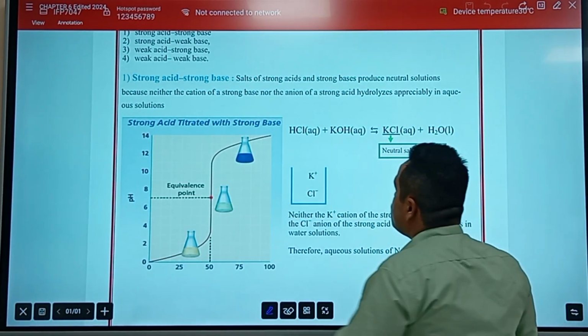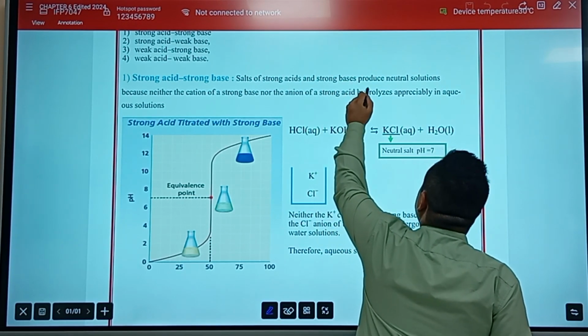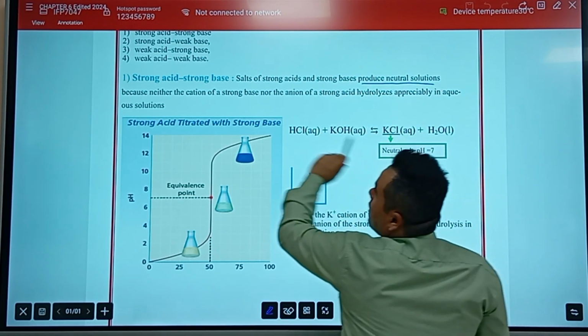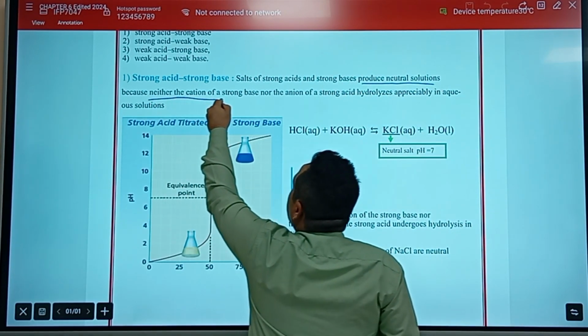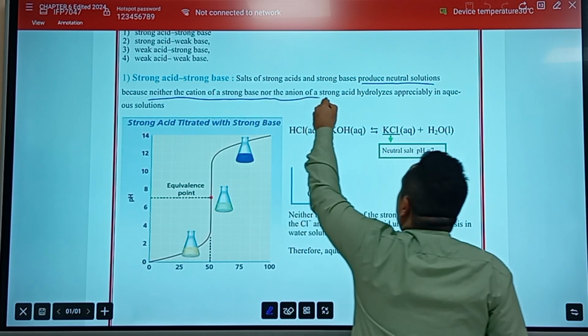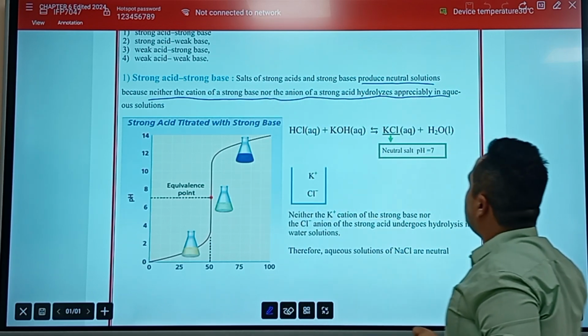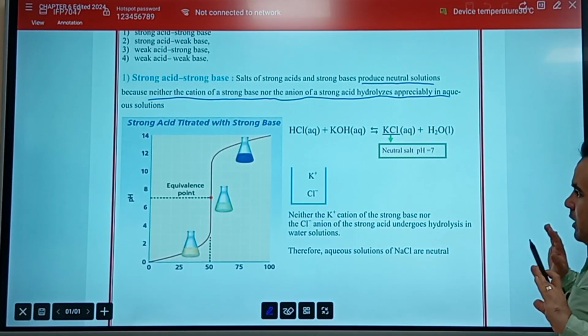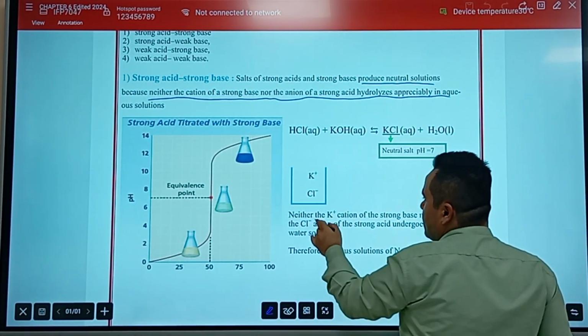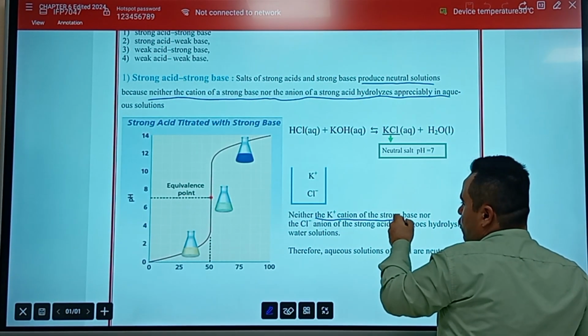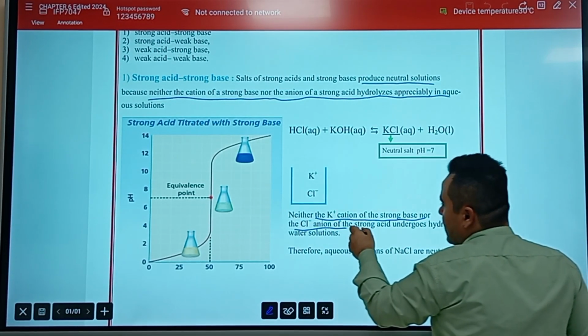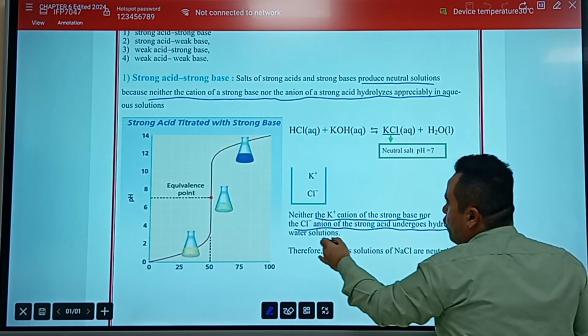Let us talk about the first titration between strong acid and strong base, which produces a neutral salt, guys. Salts of a strong acid and strong base produce neutral solutions because neither the cation of the strong base nor the anion of the strong acid undergoes hydrolysis. Neither potassium, cation of the strong base, nor Cl undergoes hydrolysis.